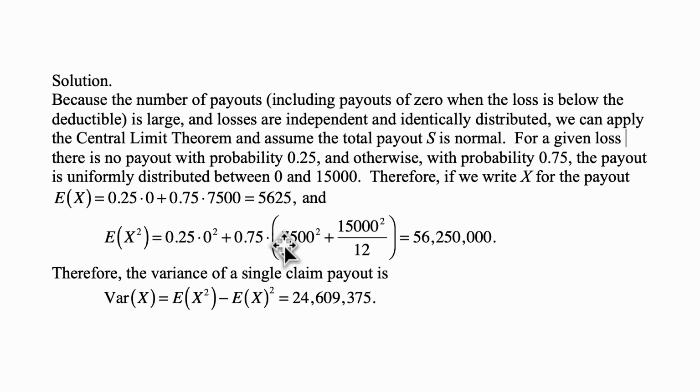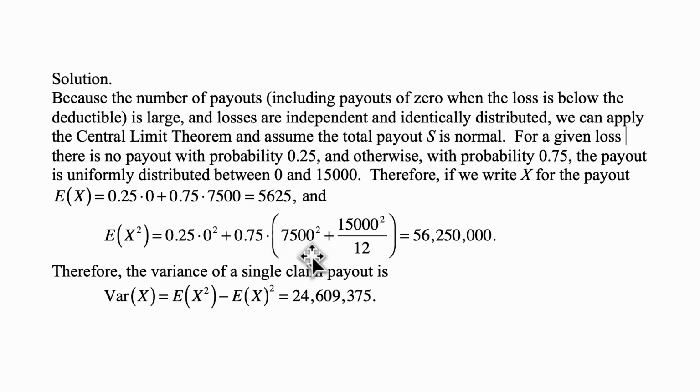The degenerate distribution with value 0 happens with probability 0.25, so 0.25 times 0 squared, plus 0.75 times the second moment of the uniform distribution between 0 and 15,000, which is the square of the first moment, 7,500 squared, plus the variance, which is the length of the interval, 15,000 squared, divided by 12. We calculate this to be 56,250,000.